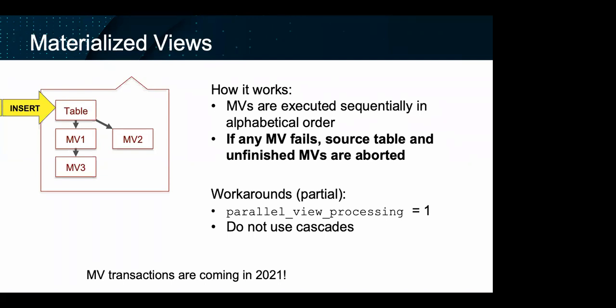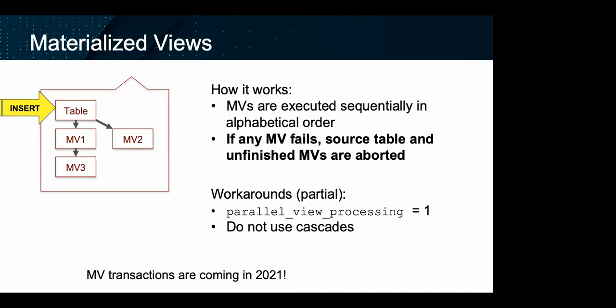And there is no atomicity guarantee. So if one materialized view fails for whatever reason, then there is an abort, but abort only for parts of the data, not for all. So you may easily get some inconsistent behavior when your table and your materialized views are out of sync.